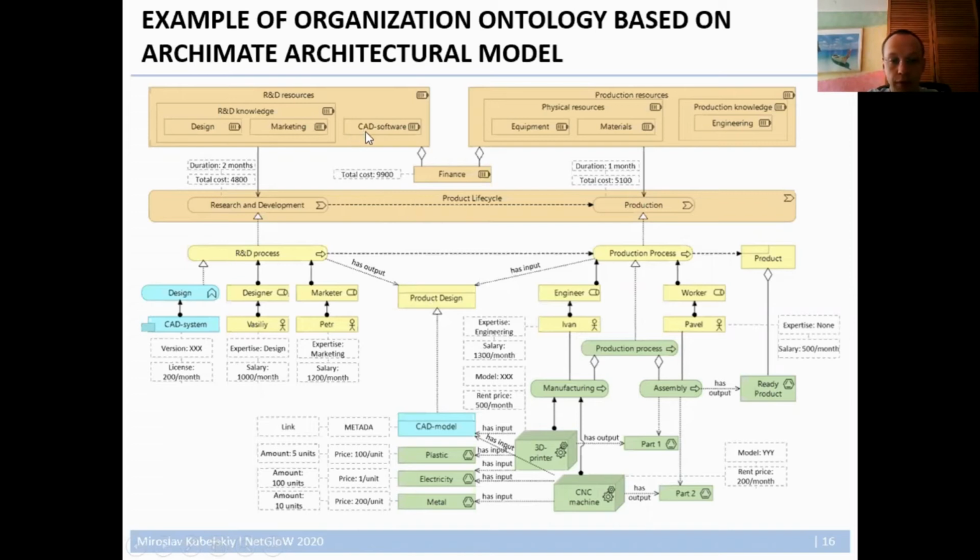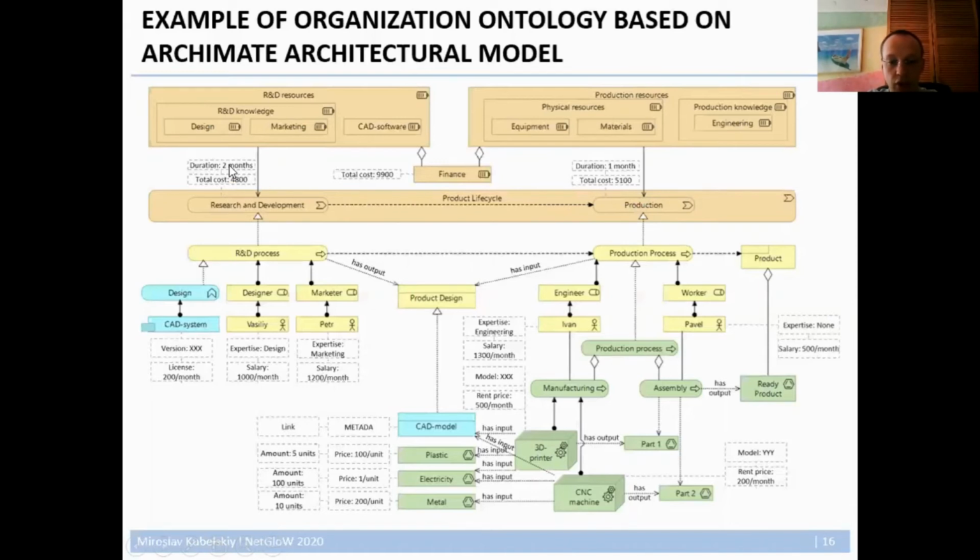At the top of the figure are strategic elements, namely value stream and resources. The value stream consists of 2 stages, which are the first 2 stages of the product life cycle: research and development phase and production phase. Each of them has 2 attributes: duration and total cost.